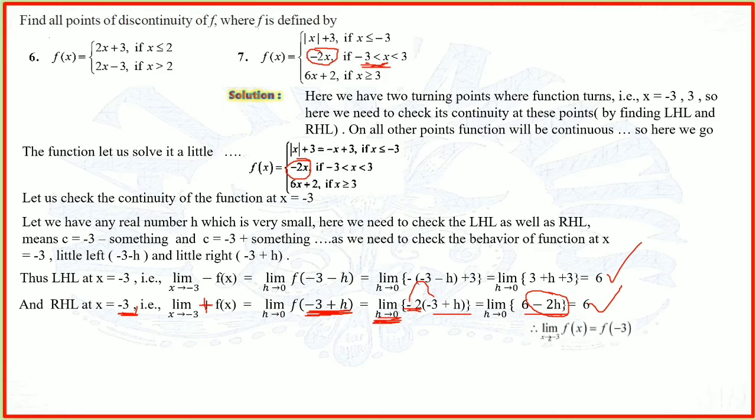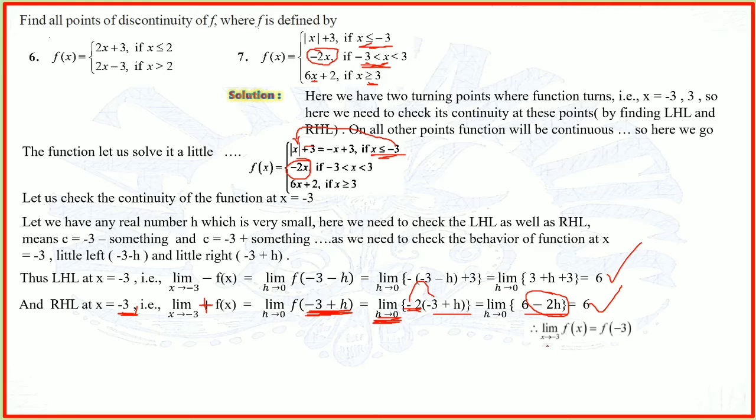Hence the limit as x tends to minus 3 of f of x exists. Now f of minus 3 in the given function: if we put x equal to minus 3, we must use the branch where x is less than or equal to minus 3. If you put x equal to minus 3 directly here, minus 3 comes out of this modulus and becomes plus 3, and plus 3 and plus 3 again is 6.